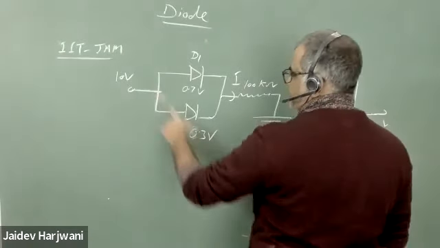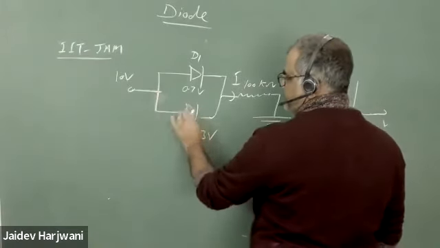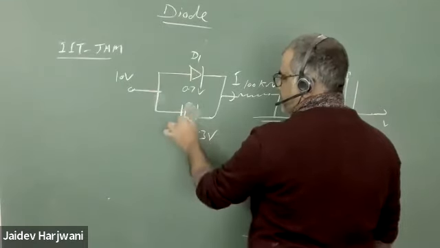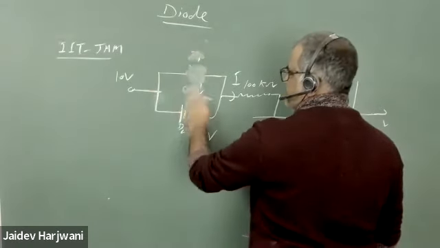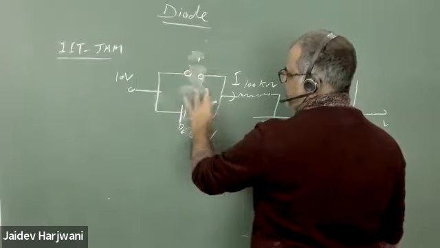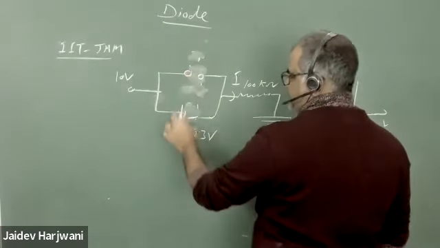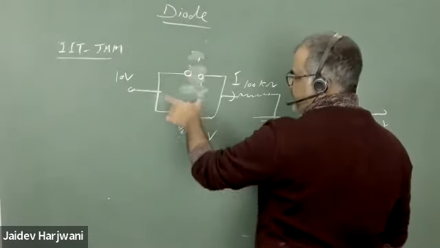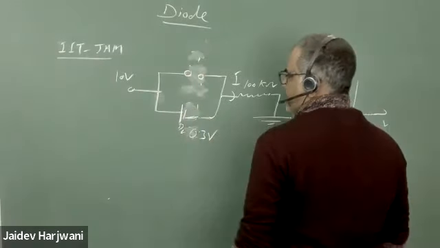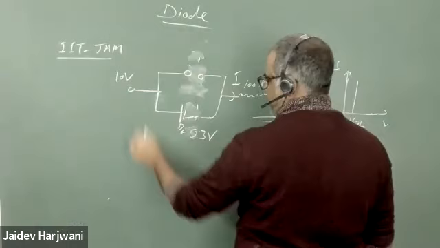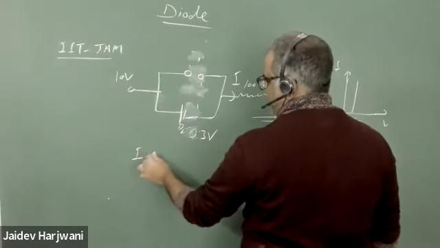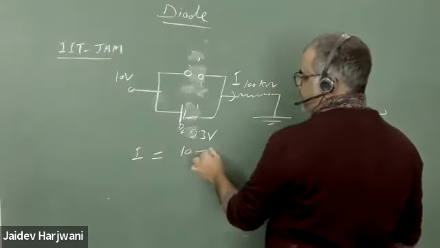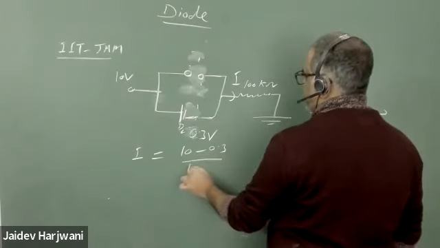So when this is 0.3, obviously this will conduct and this will get open, because we already discussed this question. This is a higher voltage, so the lower voltage one will conduct. So once it is 0.3, it cannot go to 0.7. Obviously now you want current I, that will be 10 minus 0.3 upon 100 kilo ohm.